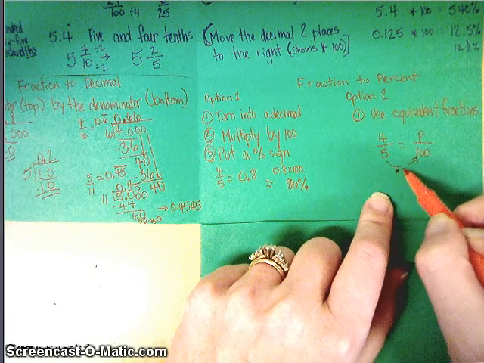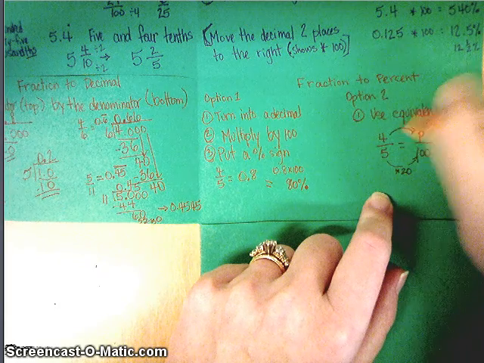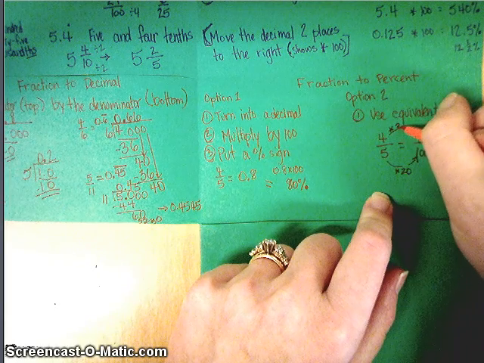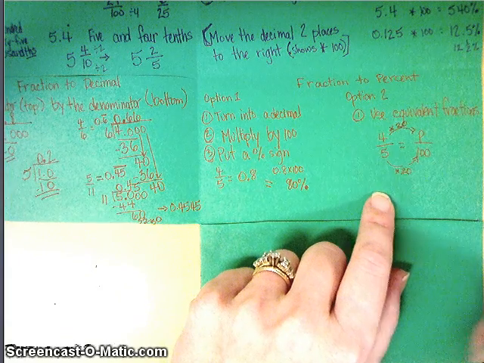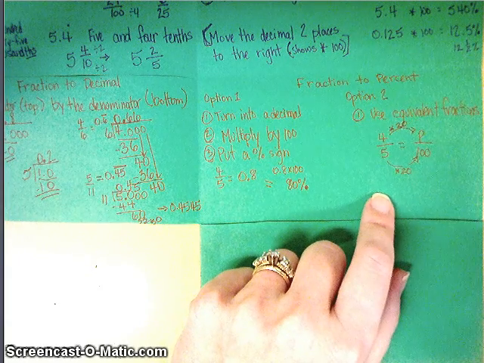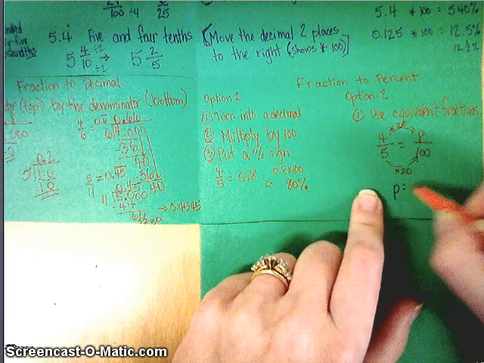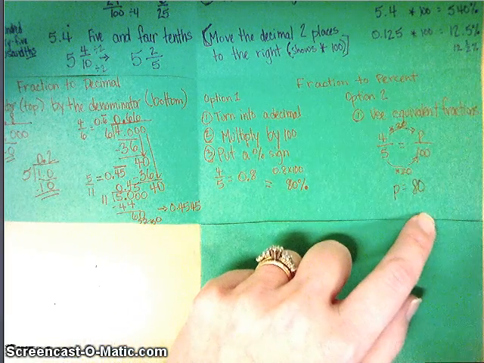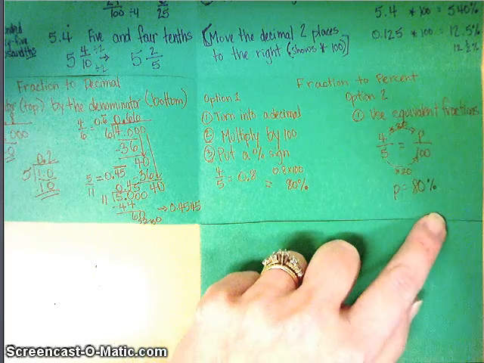Oh, I multiplied by 20. So then I do the same thing to 4, the numerator, to keep it an equivalent fraction. And that would say P is 80. The only thing that's missing is 80%.